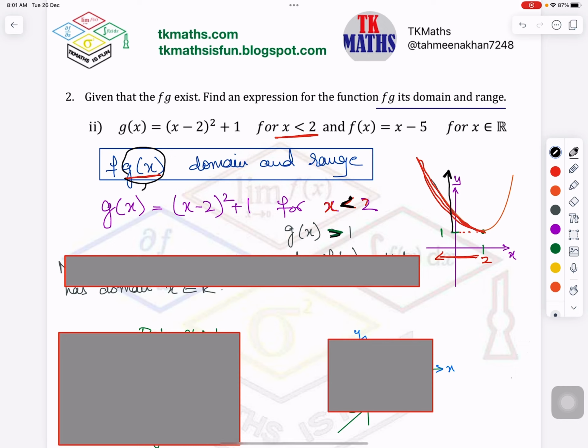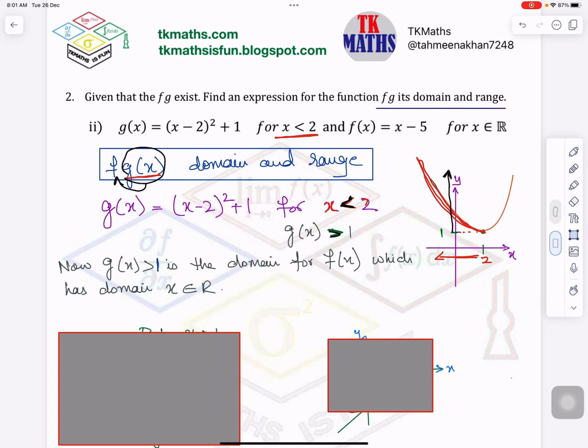And now this will become the domain of function f, right? You know this basic concept. So I've written the same thing, that for the inner function g, x greater than 1, this is the domain of f of x. And if I look at the actual domain given for function f, which is x belongs to real numbers, so this lies totally inside it, so it's fine. Composite function exists.